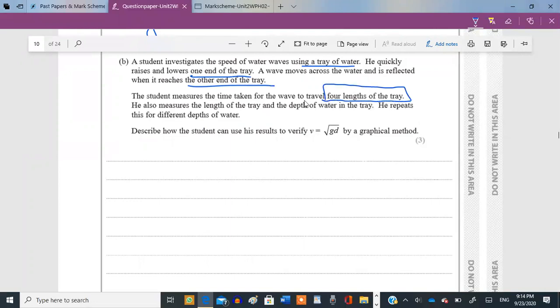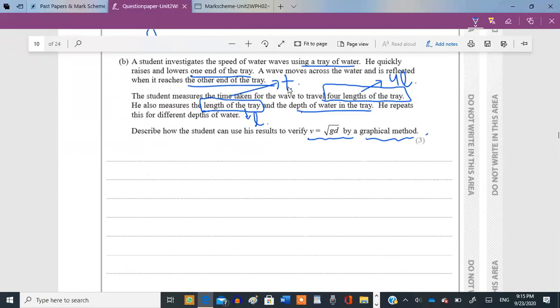He also measures the length of the tray. If the length of the tray is L, then the distance the water wave has traveled is 4 times L, and for this distance the time has been measured. Let's assume the time is T. The depth of the water in the tray has also been measured. He repeats this for different depths of water. Describe how the student can use his results to verify this by a graphical method.